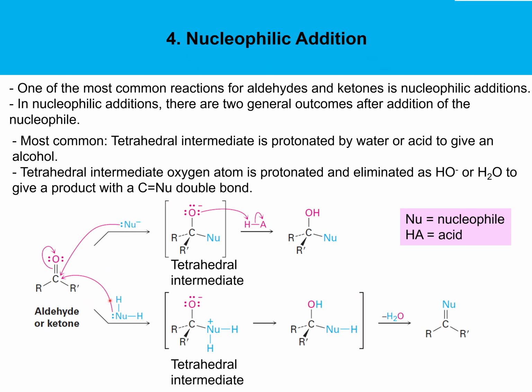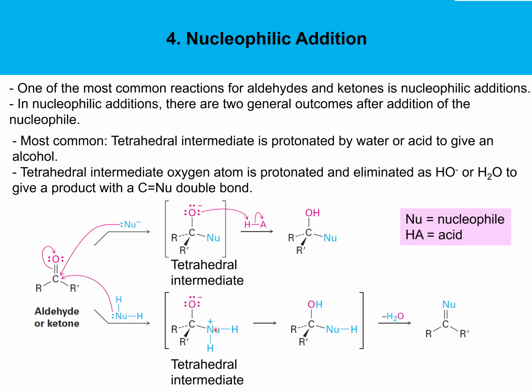With other nucleophiles, mainly amines, the nucleophile will add, similar to the first step, leading to breaking the carbonyl, giving us a tetrahedral intermediate. But the second step of this mechanism is where the reaction differs. Instead of the tetrahedral intermediate being protonated, we lose a water molecule.